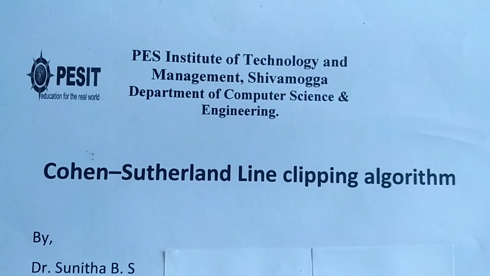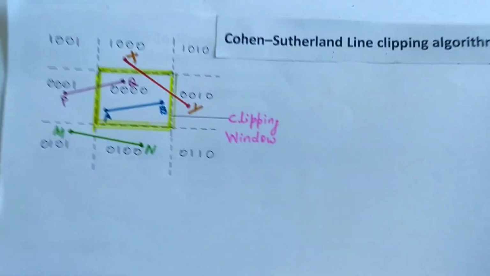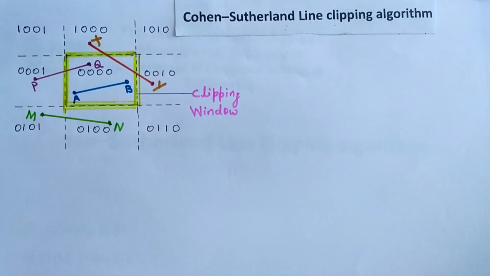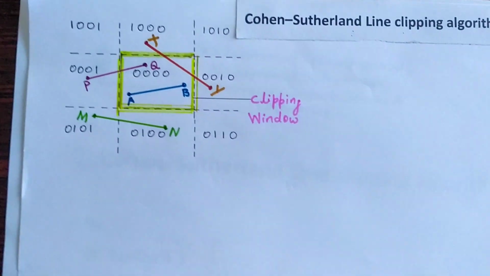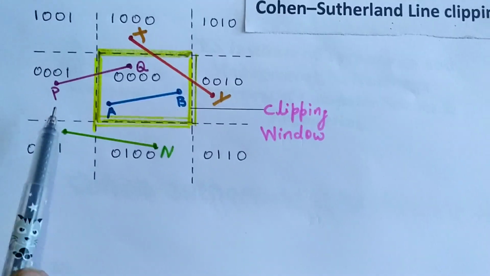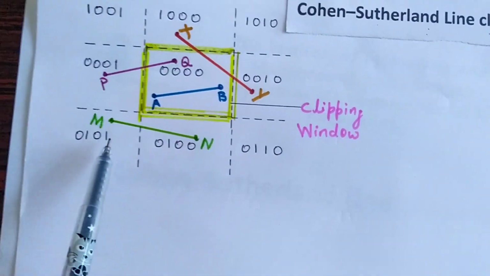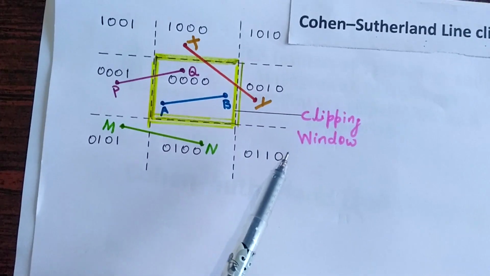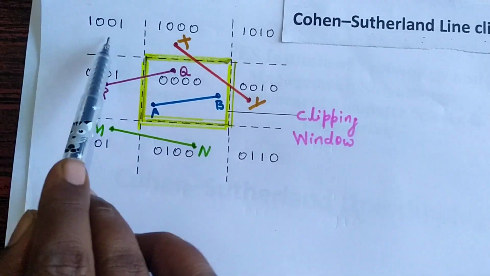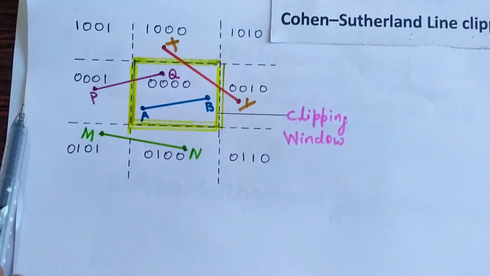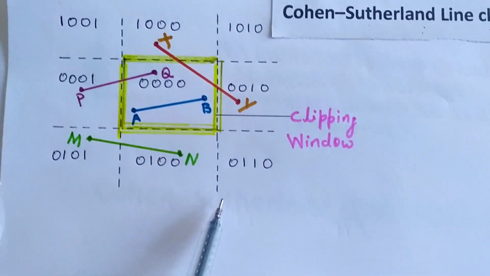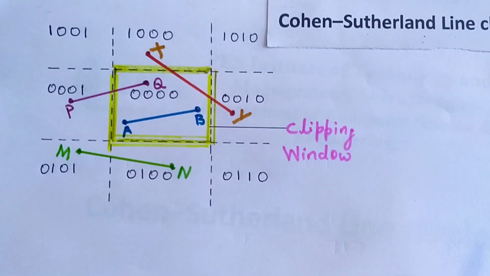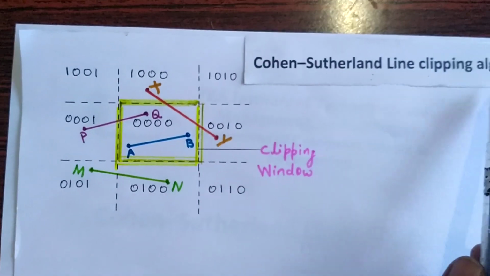As per the previous video, we discussed how the XY plane coordinate system is divided into 9 regions, and how to assign a code to each region. Now, using this region code of the XY coordinate, we will solve a simple example of the Cohen-Sutherland line clipping algorithm.